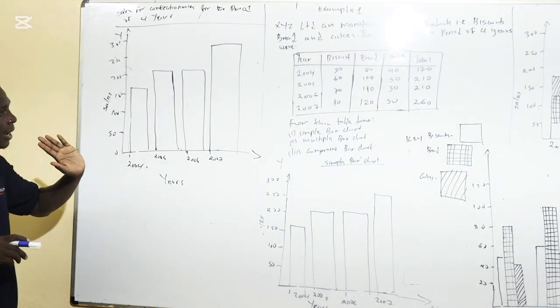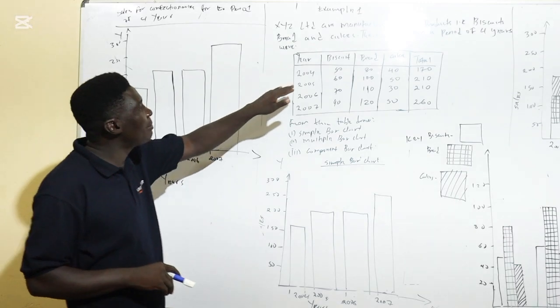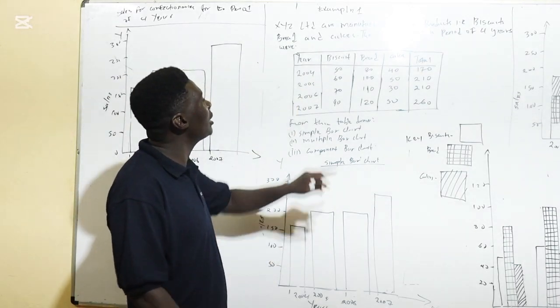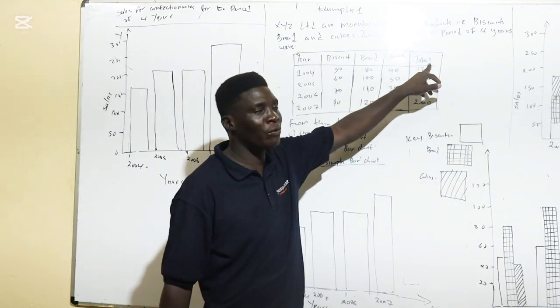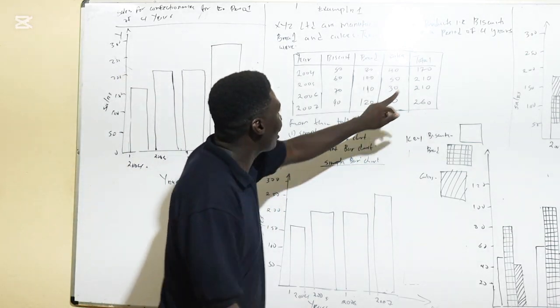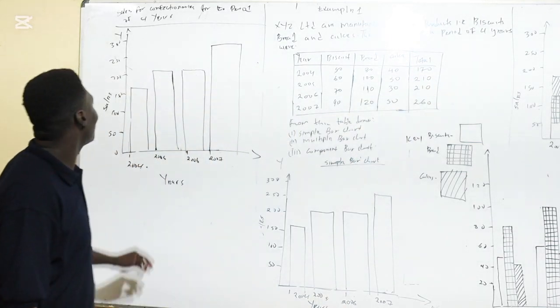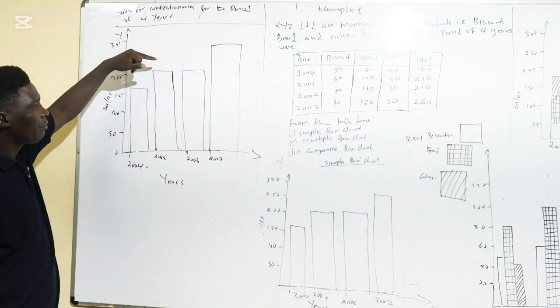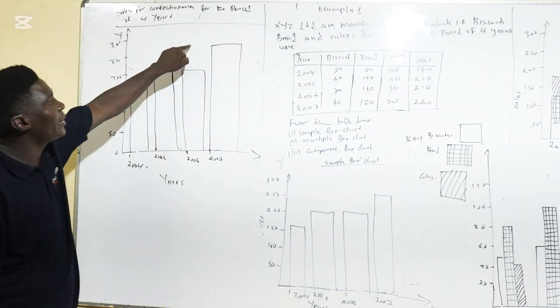We'll subdivide each bar. For example, the same values of 2004 we plot based on the total value. If our total is 170, it remains 170, followed by 210, followed by 210, followed by 260.